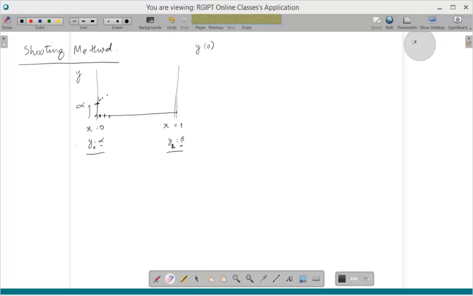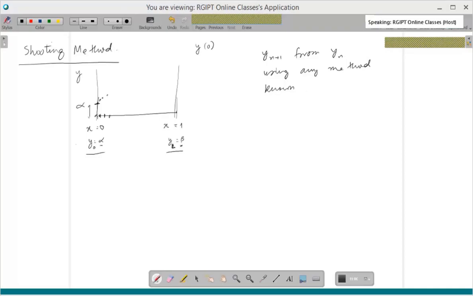At any next step, I can implement forward Euler or backward Euler or any other initial value problem solving technique, and I can get y(n+1) from yn, using any method known for IVP.